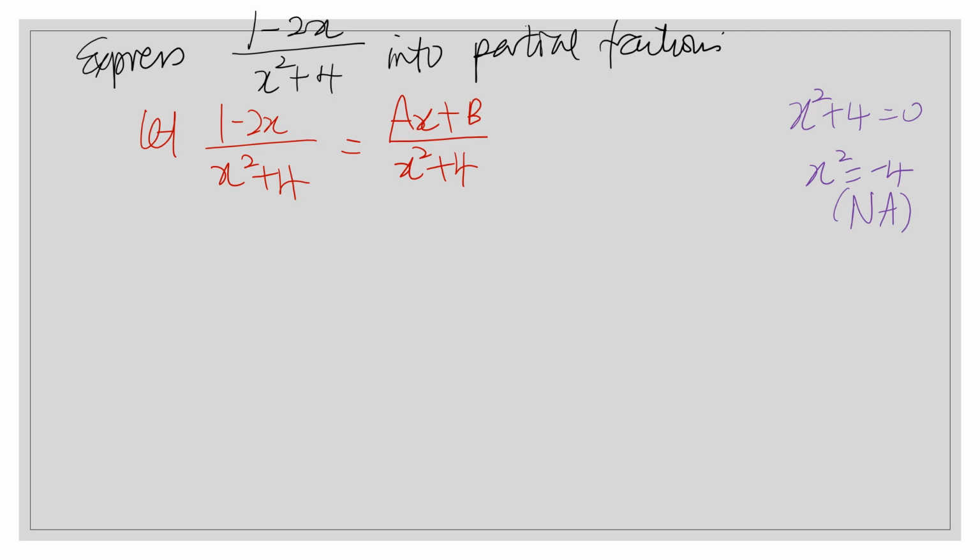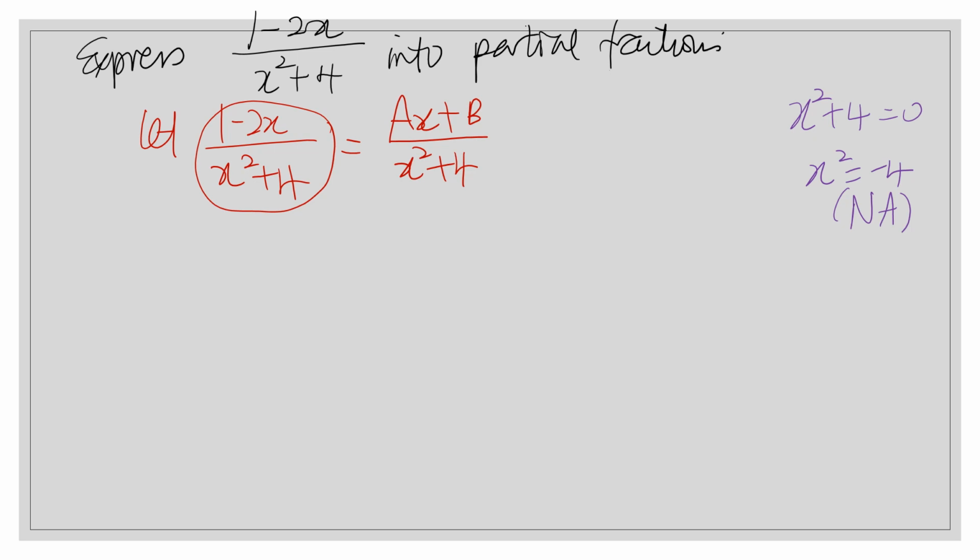You will see that your ax is equal to negative 2. So your a will just be negative 2, and then your b will just be 1. So usually for this sort of question, it can't be just expressing 1 minus 2x over x squared plus 4 into partial fractions, because this itself cannot be reduced anymore into partial fractions.